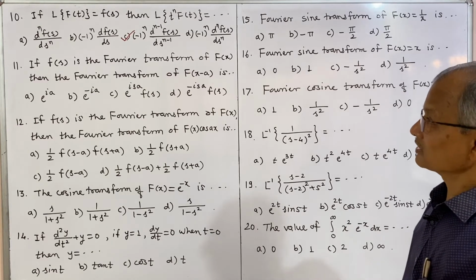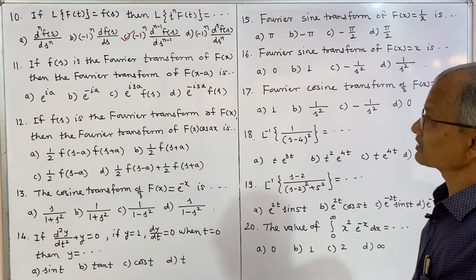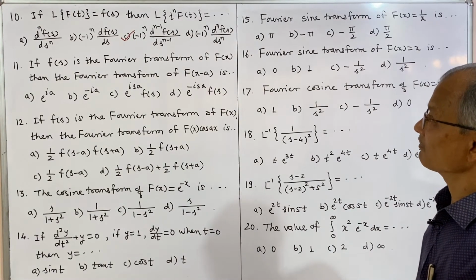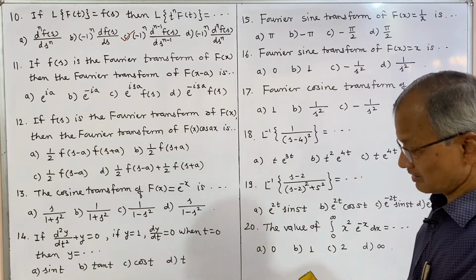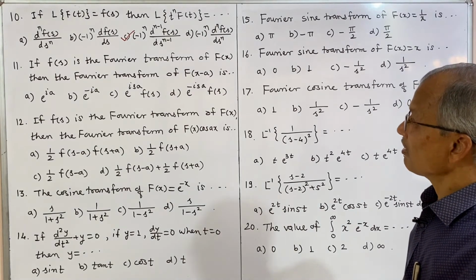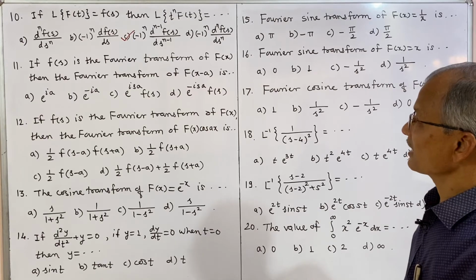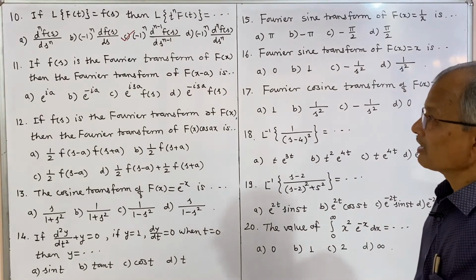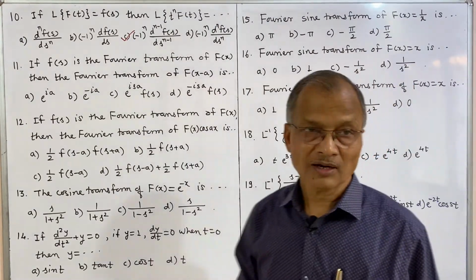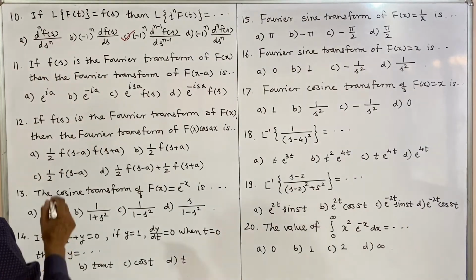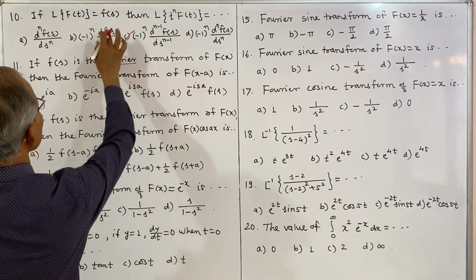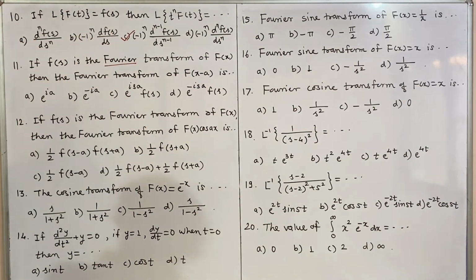And the next is, if f of s is the Fourier transform of capital F of x, then the Fourier transform of F of x minus a is. So this is the shifting theorem on Fourier transform. Now we are considering Fourier transform; the earlier one was for Laplace transform.